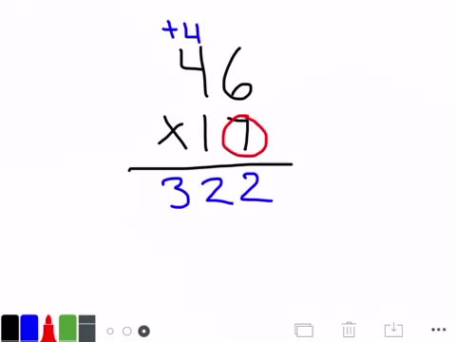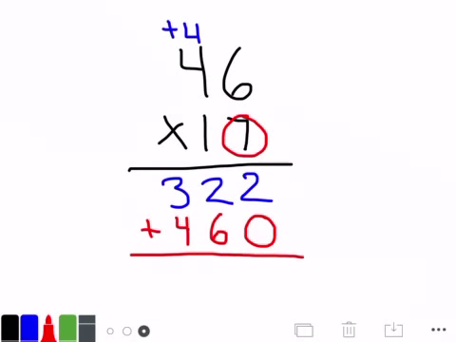I'm done with the ones place, so that reminds me that I need my placeholder 0 down here. And I'm going to move over to 1 times 6. Get 6. 1 times 4 is 4, and now I add these 2 numbers up, just like in partial products. 2, 8, 7. 46 times 17 is 782.